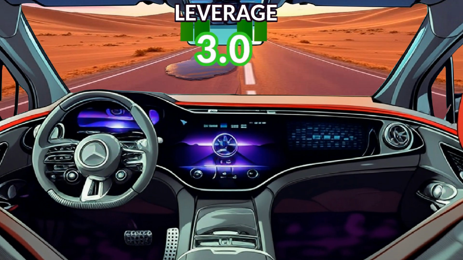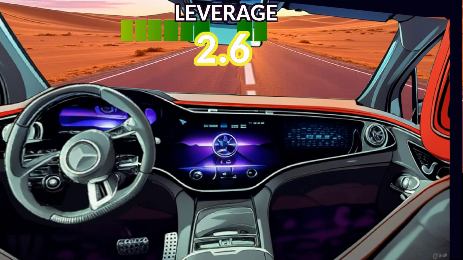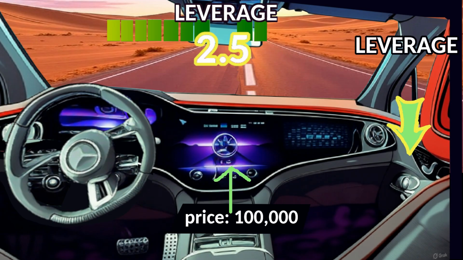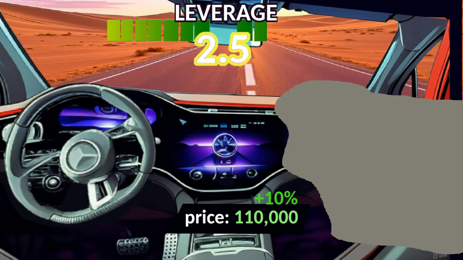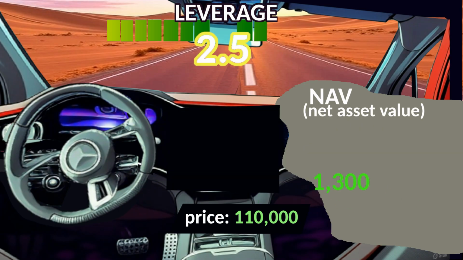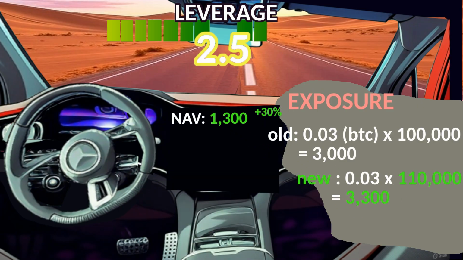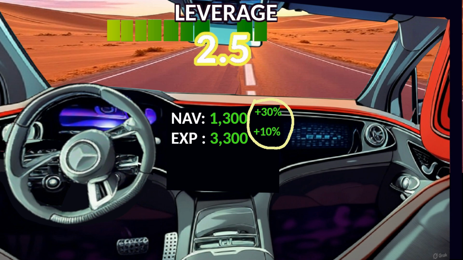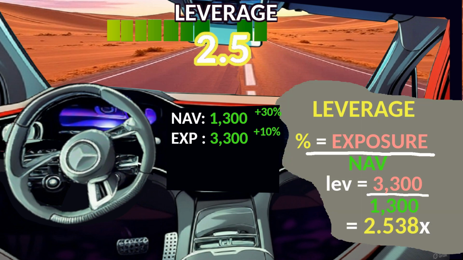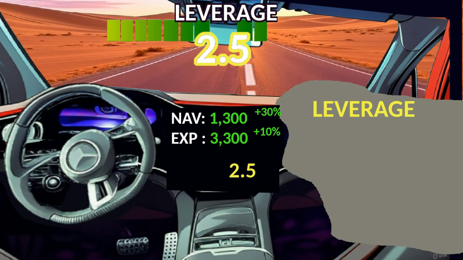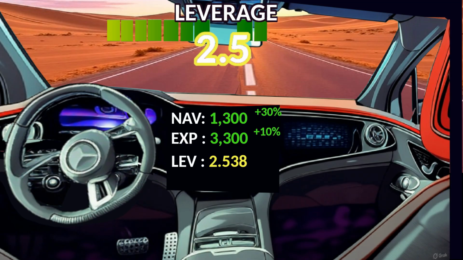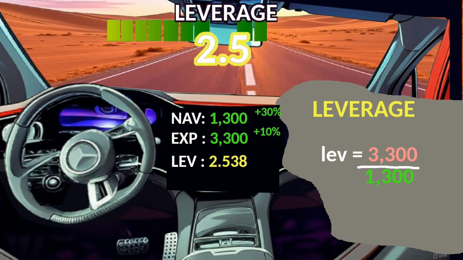When the price rises, our leverage drifts left, or is reduced in value, because the changes in NAV and exposure are not aligned. Hence, the leverage is reduced in value. To fix this, we need to add some exposure to balance out the leverage.